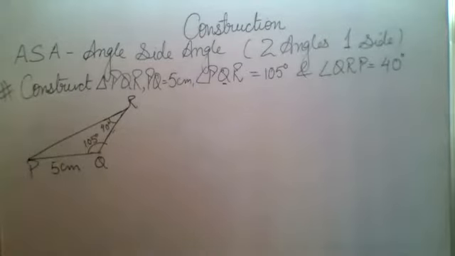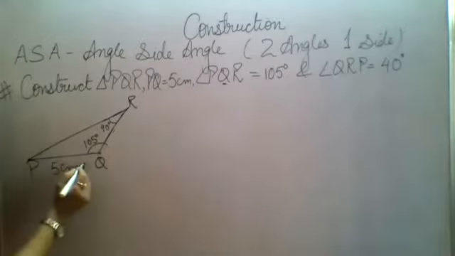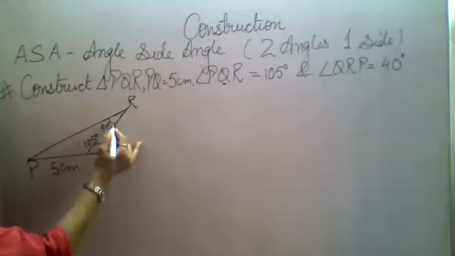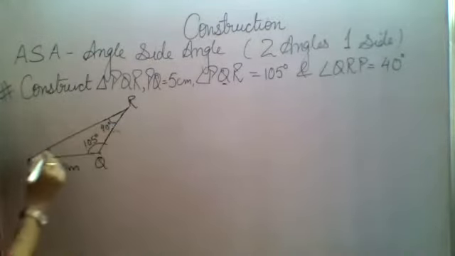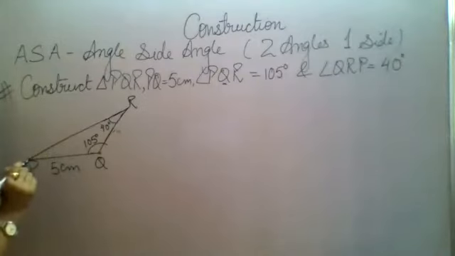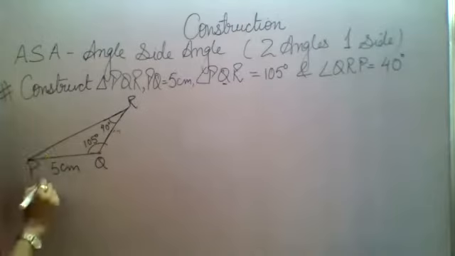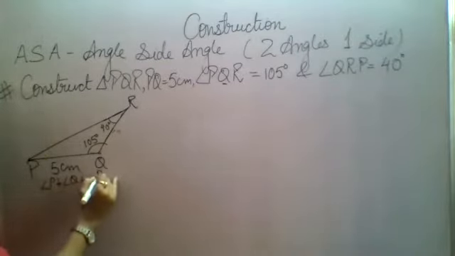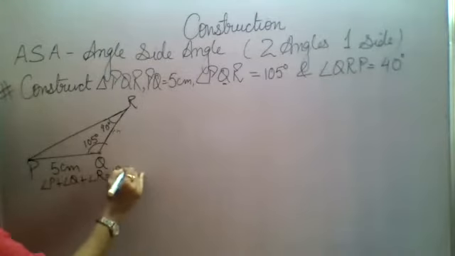If I will see, base is given, angle Q is given, and this measurement is not given. So this is not possible to construct 40 degree. So by using angle sum property of triangle, I will find out angle P. We know the sum of all three angles of a triangle is 180 degree.